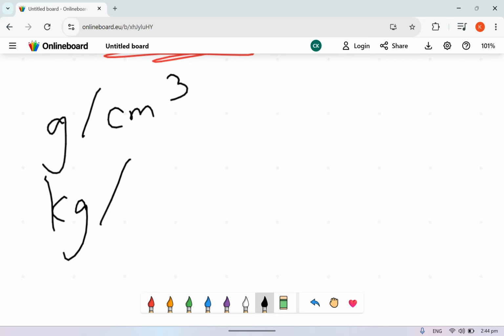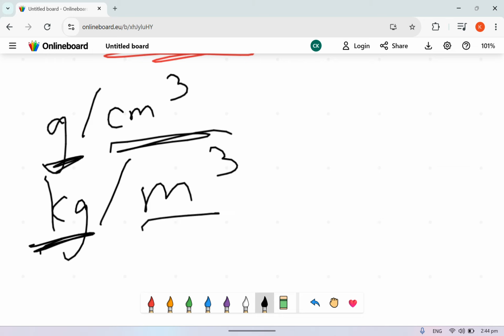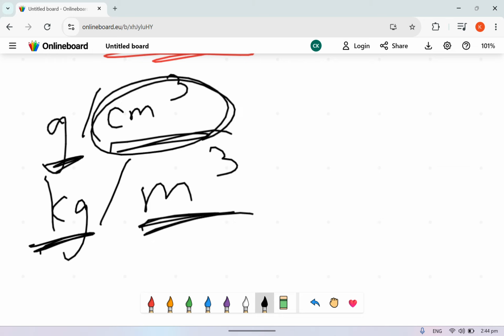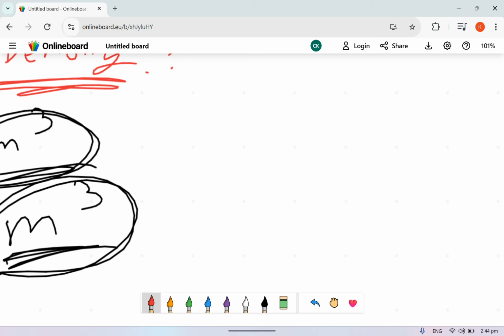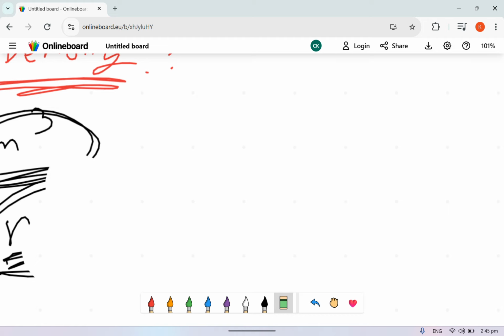It's the mass per unit volume. So in this volume, the mass, in this volume, the mass. It's how closely packed they can be, how tight they can be.